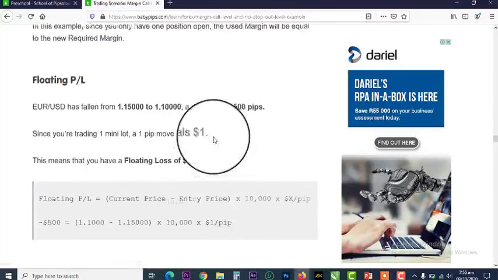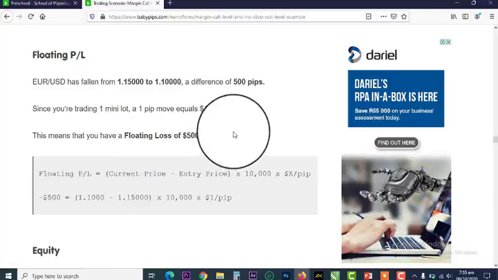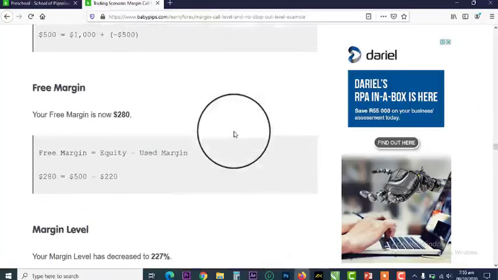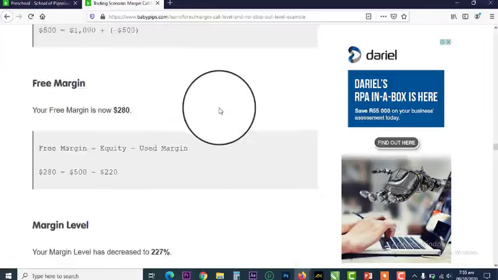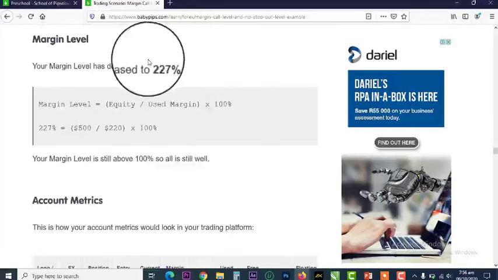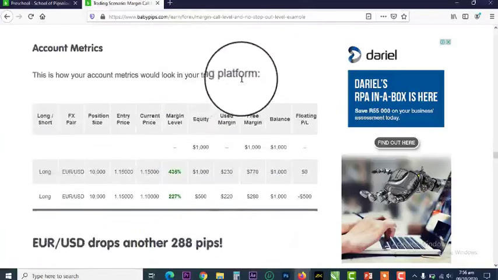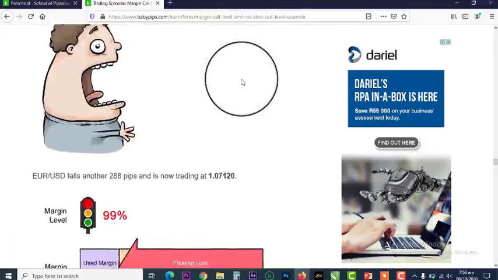Floating profit and loss, we've talked about that as well. That's the amount of money you are making or losing currently on the live market. Your equity is the total sum of everything that you have done or you are doing. Your free margin is what is left for you. Your margin level is the percentage of your trade account until you get stopped out or until you get called, unless you went ahead and completely destroyed your account, right?